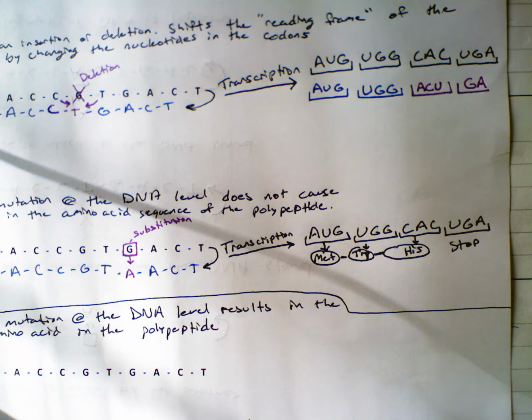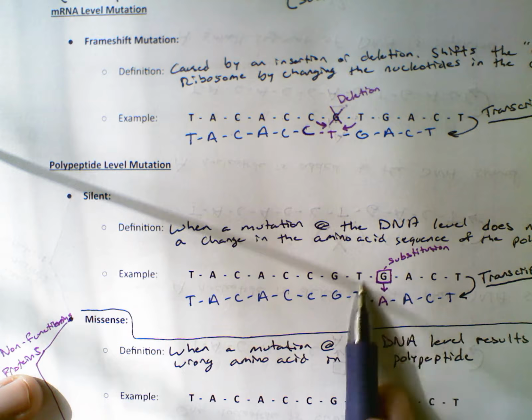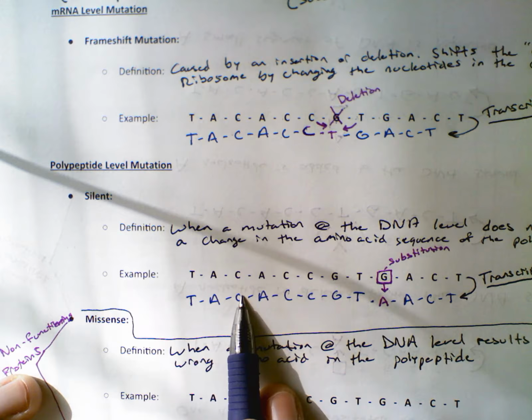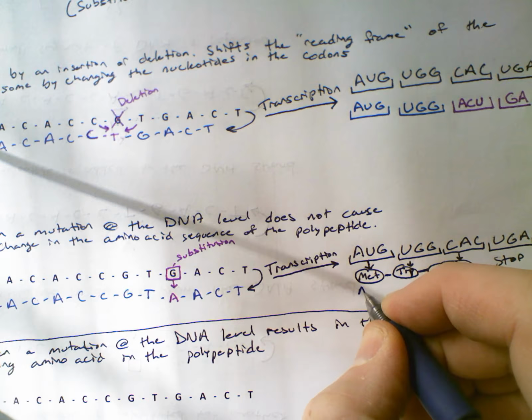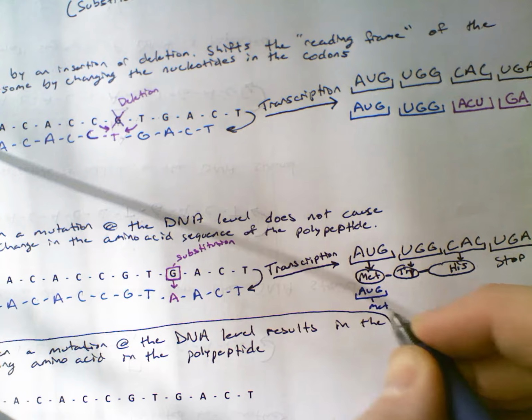Okay, so now I need to put in the mutated strand underneath that. We have just enough time to do it. So in the mutated strand, the first few codons are not impacted because our substitution isn't until down here. So TAC is still the same, so AUG is unimpacted. So we're still getting methionine.